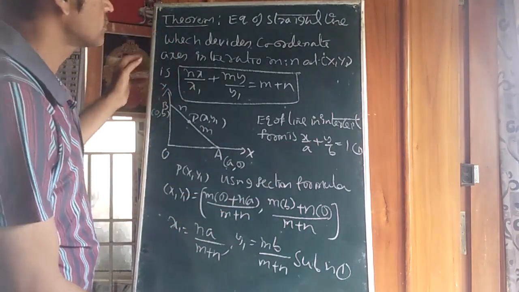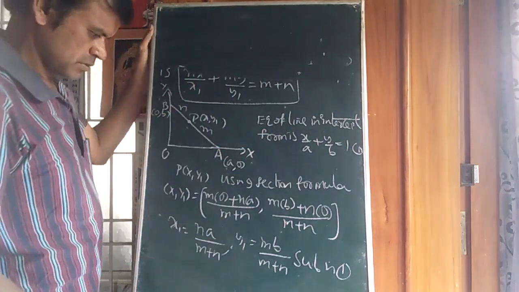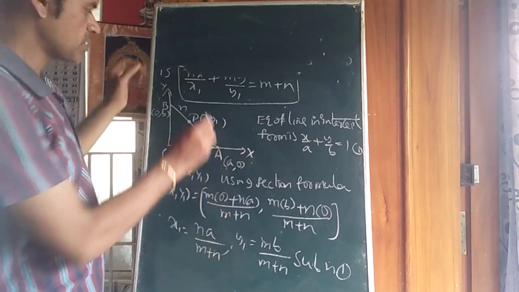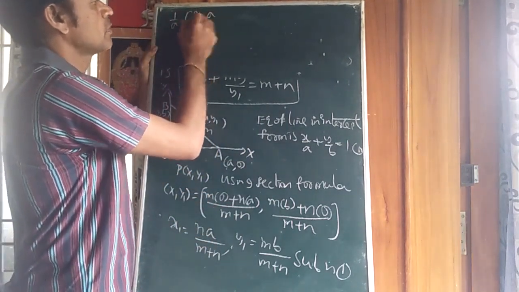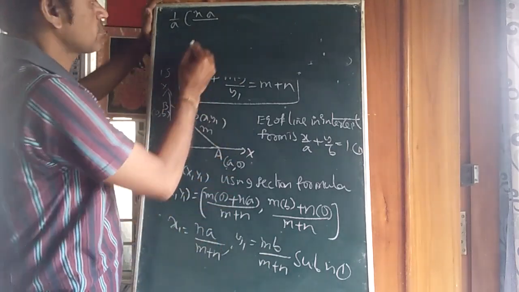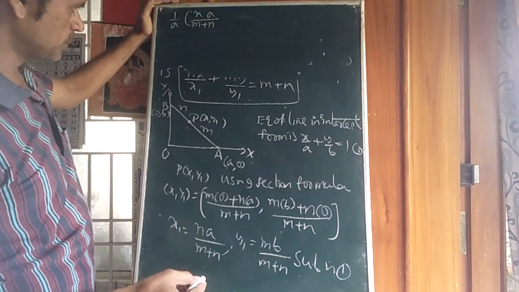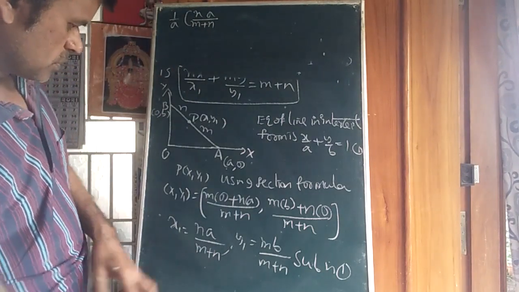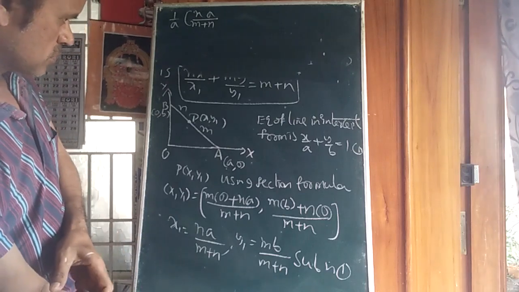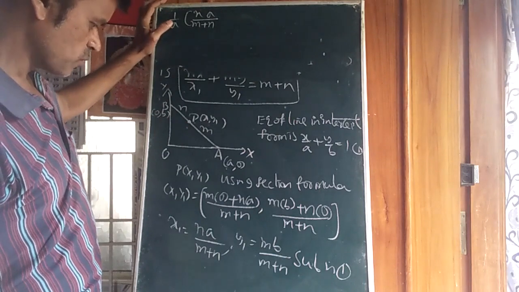Substituting here, 1 by a take common, 1 by a into na by m plus n for x1, plus, of course it becomes 1 only.